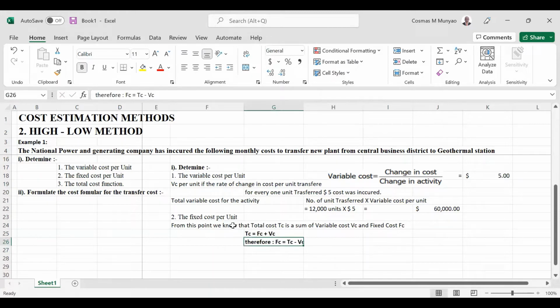All right. Therefore, now we get fixed costs.